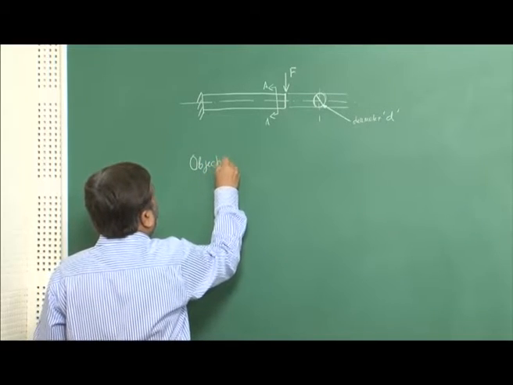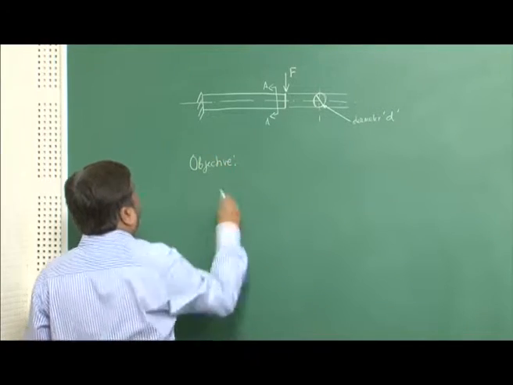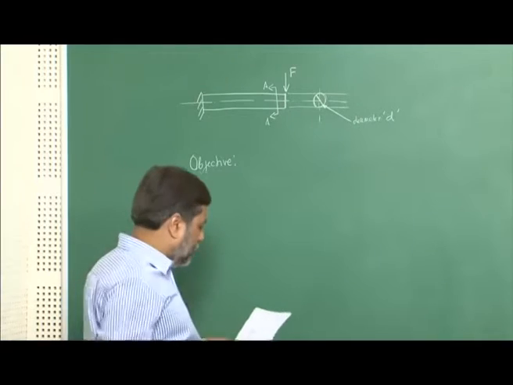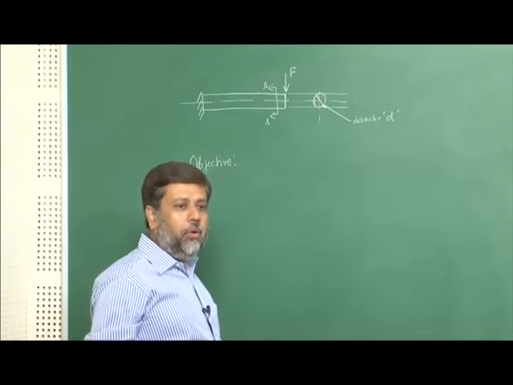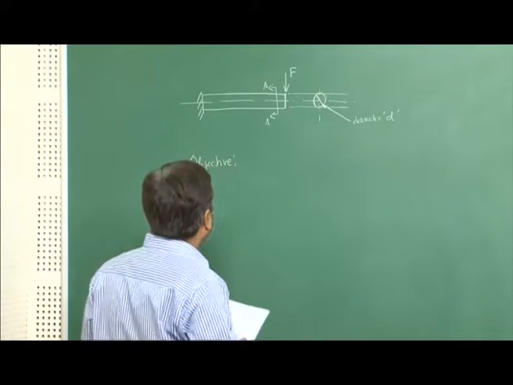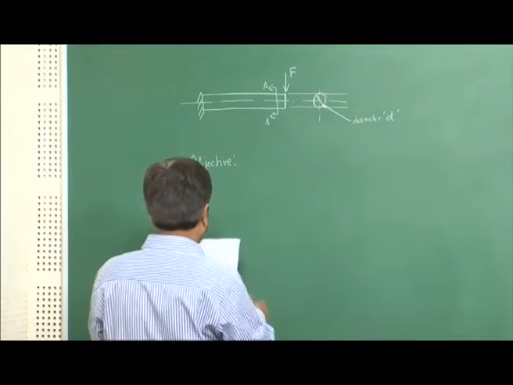Our objective today is somewhat different from the last class. Now we are not bothered about the deflection, but we are bothered about the strength, that the cantilever should not fail.